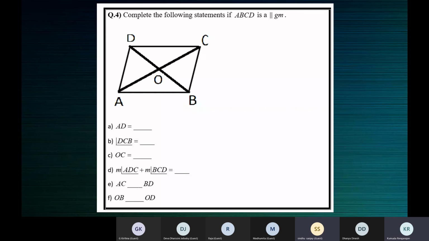Is AO equal to BO? No, ma'am. In this parallelogram, AO will not be equal to BO because AO is half of AC and BO is half of BD. AC and BD are not equal, so their halves also will not be equal.